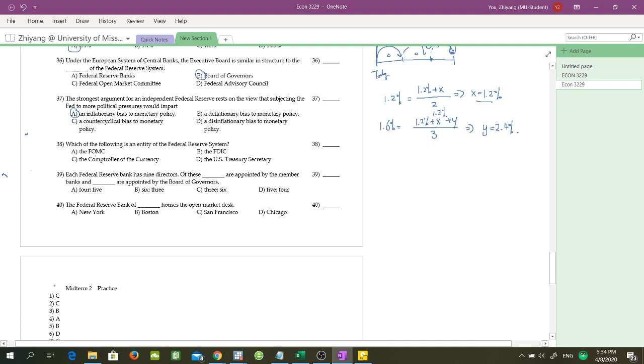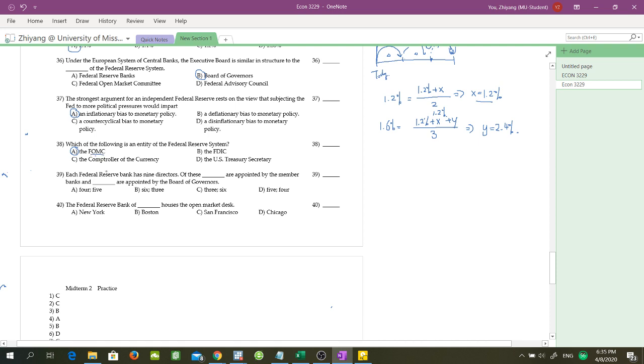Question 38. Which of the following is an entity of the Federal Reserve System? Okay, so let me briefly explain. All right. The right answer is A, FOMC.